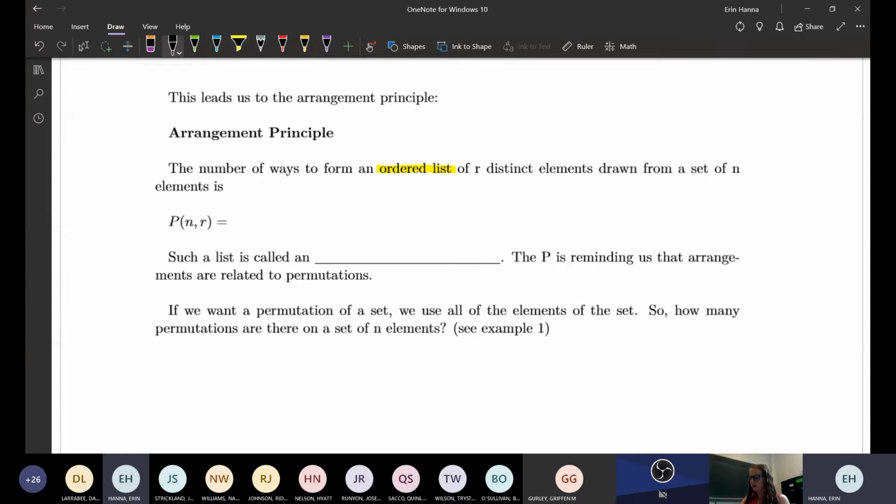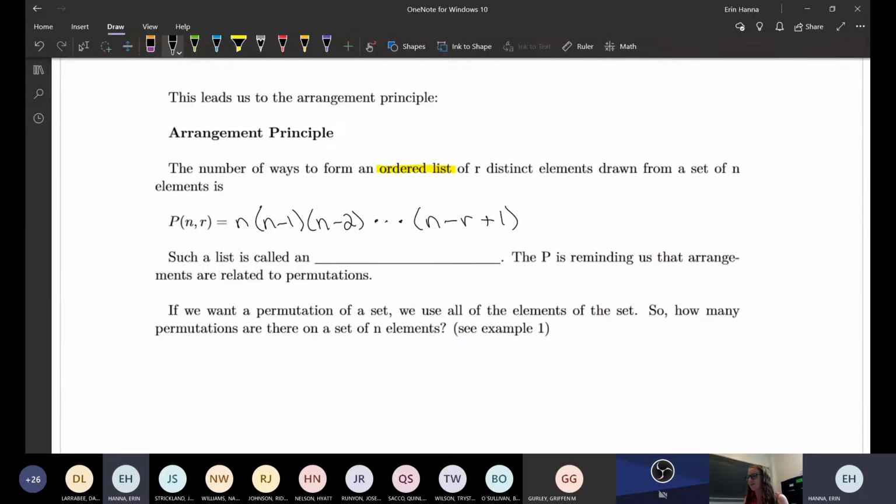This is going to be represented as P of N comma R. There's no good real way to read that that I know of. Sometimes I'll call it permutation of N and R elements, but essentially this is equal to N times N minus 1 times N minus 2 all the way down to N minus R plus 1.